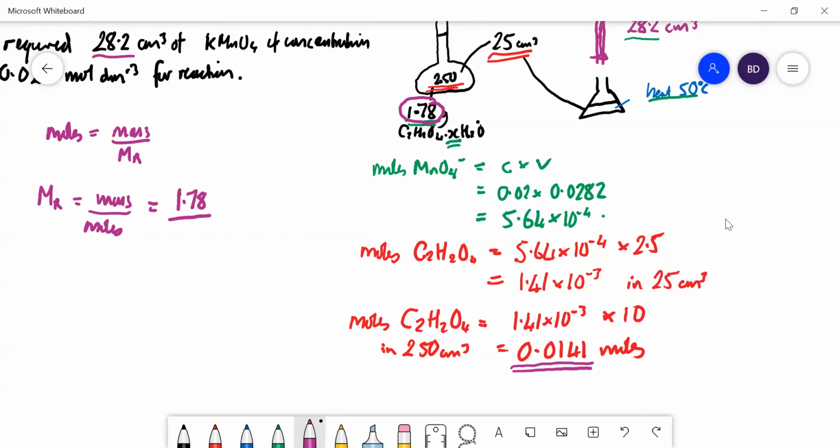And the moles we calculated is 0.0141. So we'll do that, and that gives us an answer of 126.2.